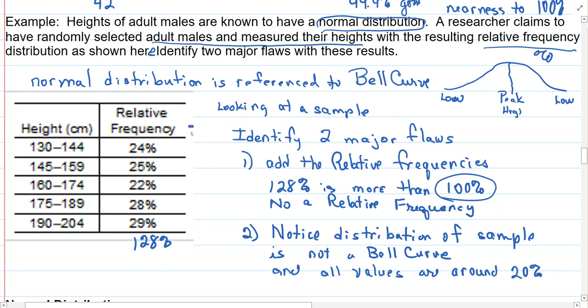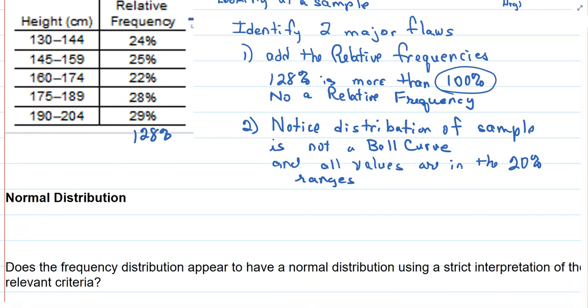Actually, 20% or higher. Which says that the data is also a problem. You can't say it's normally distributed and then that your sample is not very close to being normally distributed. So something is wrong with the distribution here. So those are the two things.